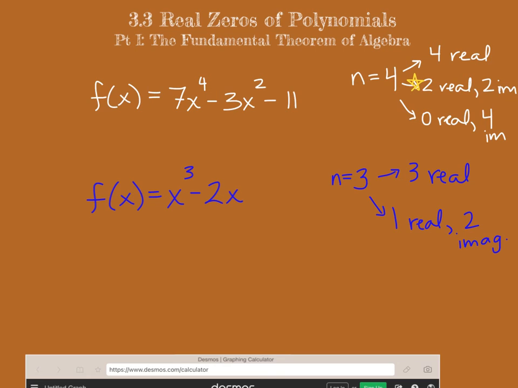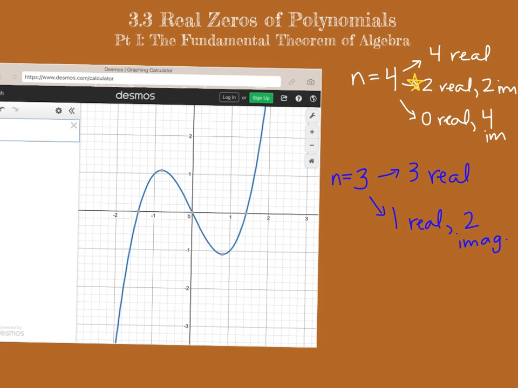All right, let's take a look on Desmos and see which situation this cubic is. Okay, I've graphed our polynomial, and we can clearly see that it's a cubic, and it has three real roots, right here, and right here. Remember, real roots are where we really cross the x-axis. They are the actual x-intercepts. So it ended up being this situation right here. All three of them are real.